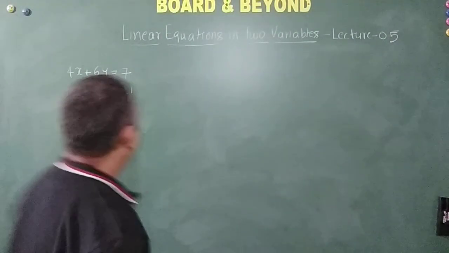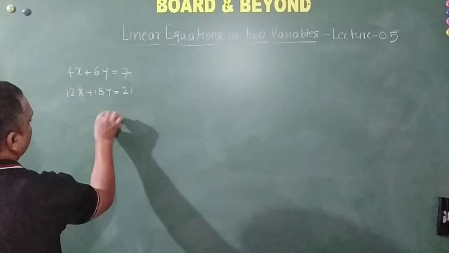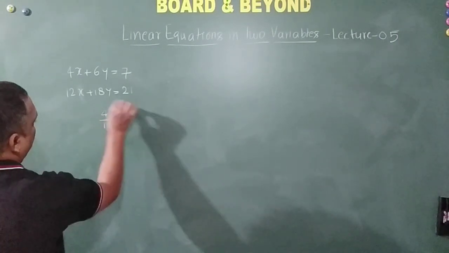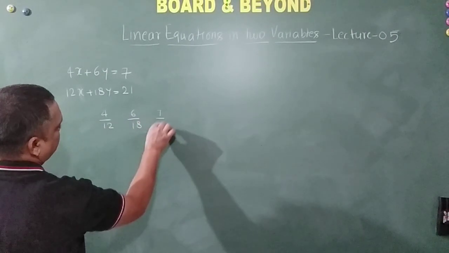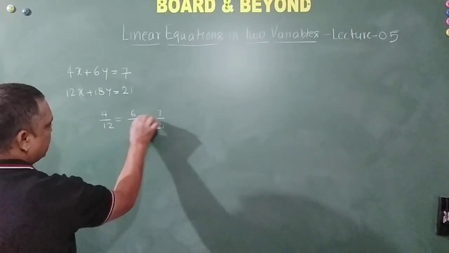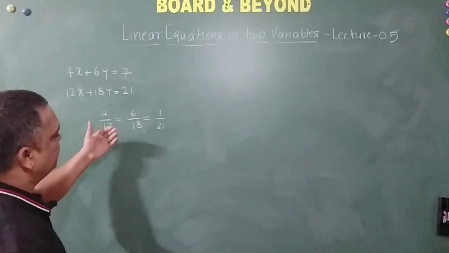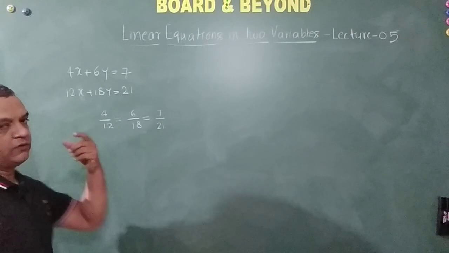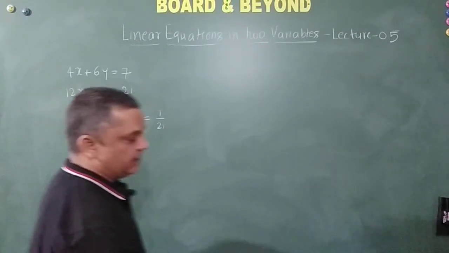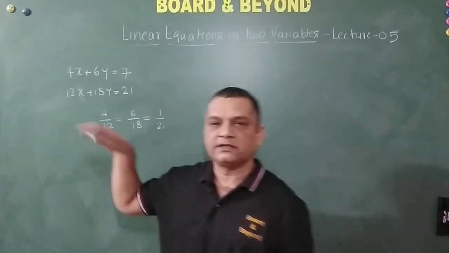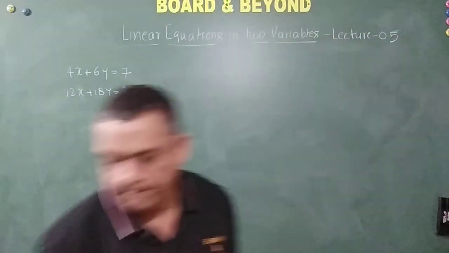We know that a1 by a2 is equal to 4 by 12, and here it is 6 by 18, and here it is 7 by 21. We see this is equal to this and this is equal to this. You getting it? Yeah, the value of all these three fractions is equal to 1 by 3, right? So when this condition arises, we straight away say that this system of linear equations will have infinitely many solutions, right?